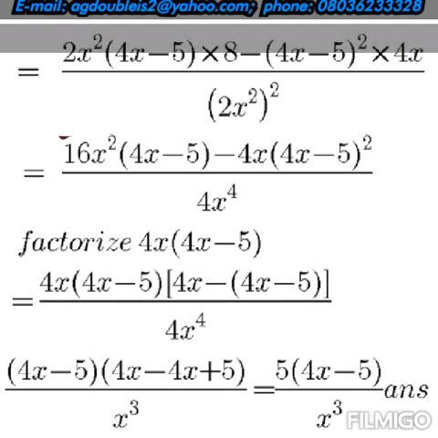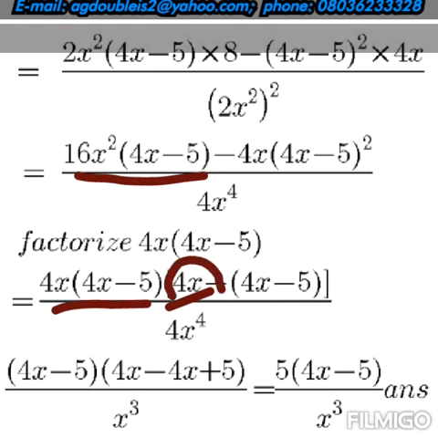If you take it away from both terms, this is the factor, then open a big bracket. On this side, if you remove 4x bracket 4x minus 5, you'll be left with only 4x.